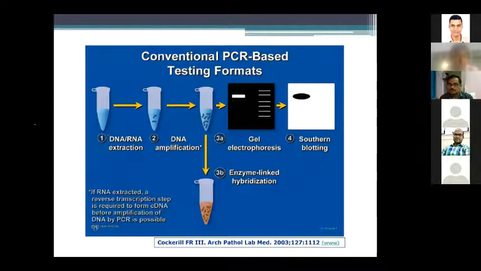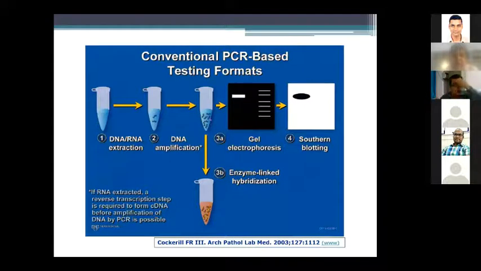So when we see the conventional PCR based testing reaction, what happens? In this reaction, we first isolate or extract the DNA or RNA, and this DNA is amplified.